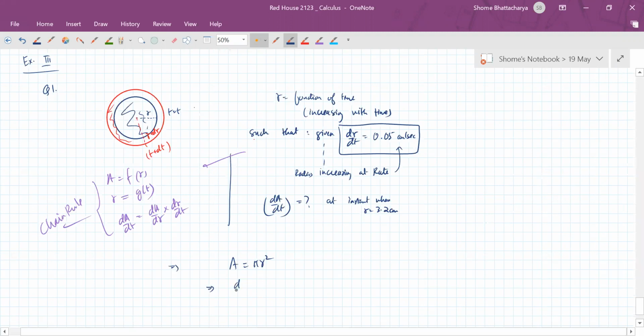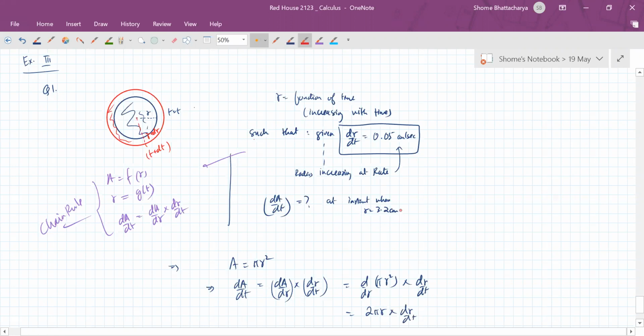So now applying chain rule, dA by dt should be this. So 2 pi r into dr by dt.